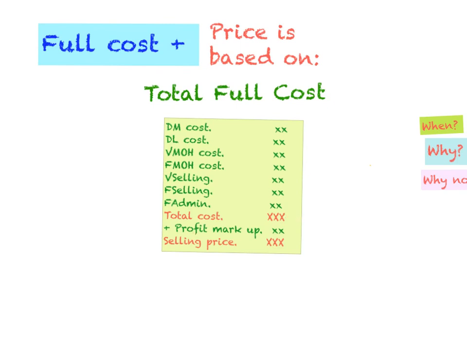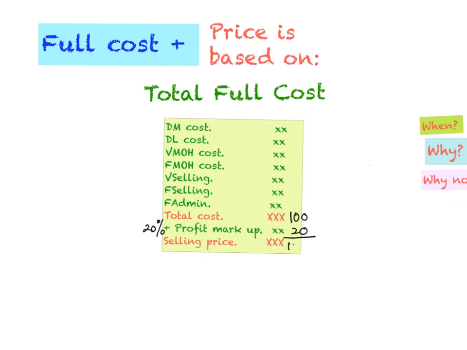Let's say the total cost here is 100. Profit markup, let's say, is set at 20%. So your profit markup will be 20% of 100, which gives you 20 ringgit.